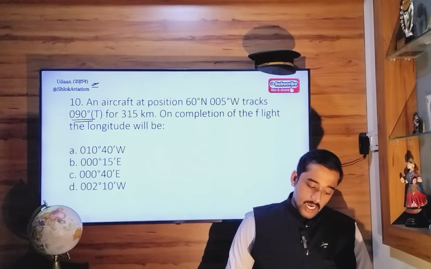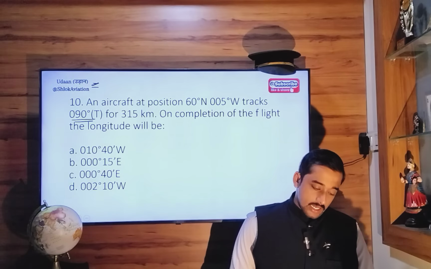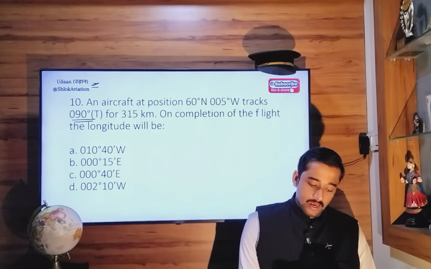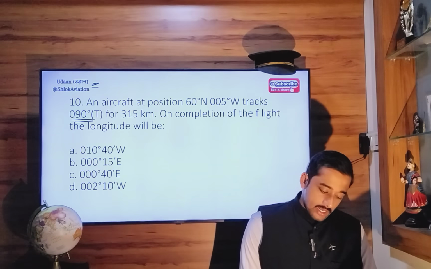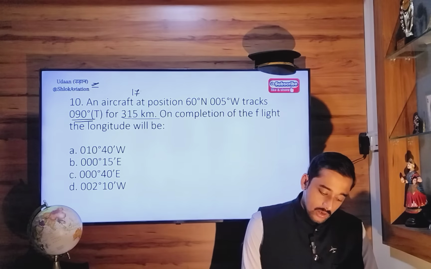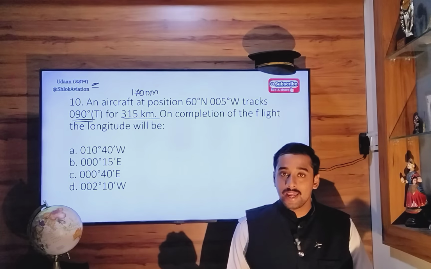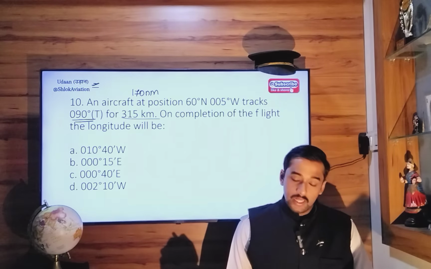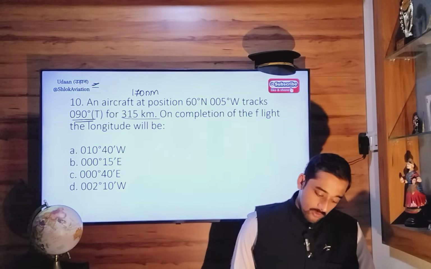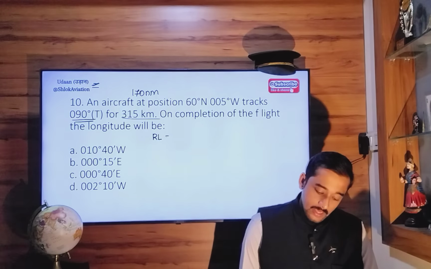The distance is 315 kilometers. So 315 kilometers is equivalent to 170 nautical miles. Convert kilometers into nautical miles by dividing by 1.85. What will be the new longitude? We will have to use the Rhumb line formula, d long in minutes into cos lat.